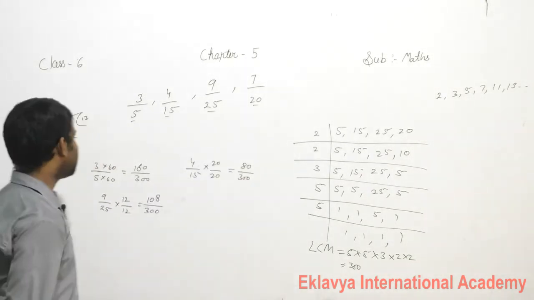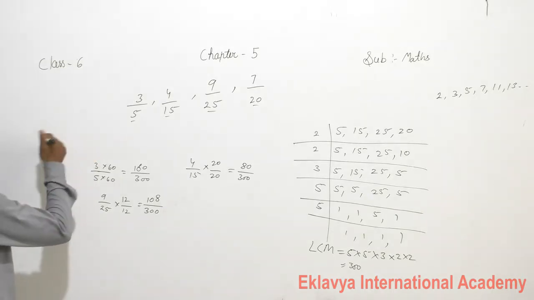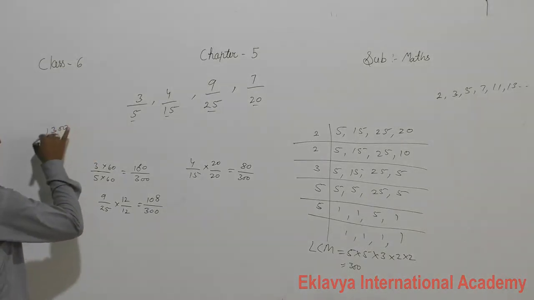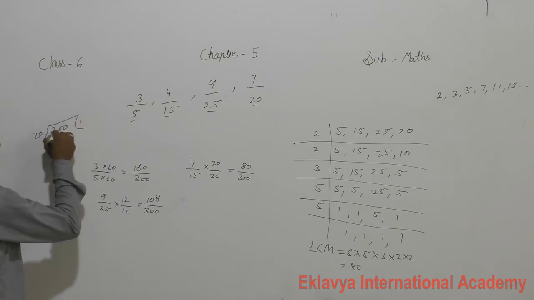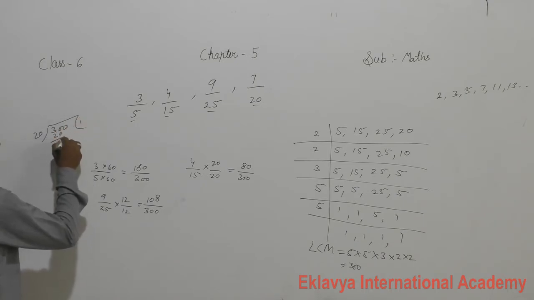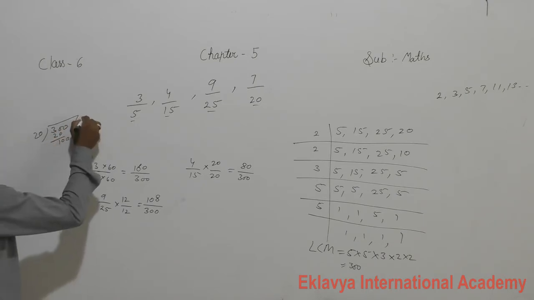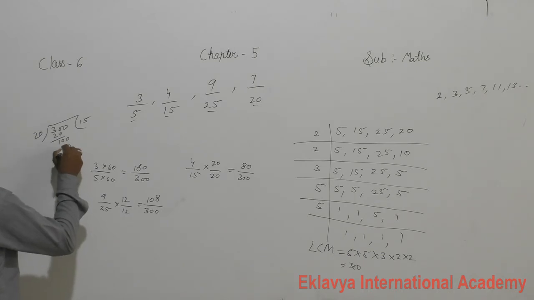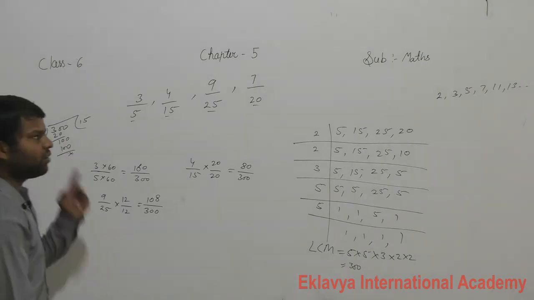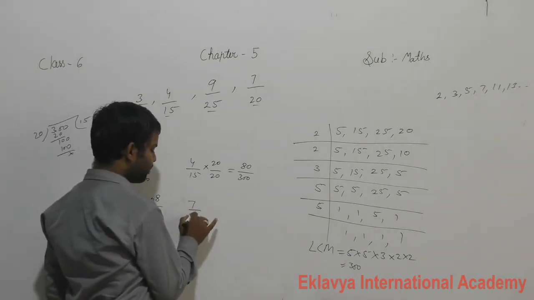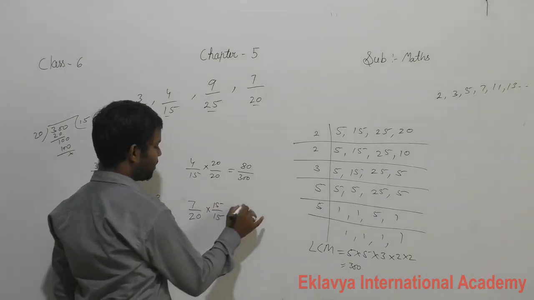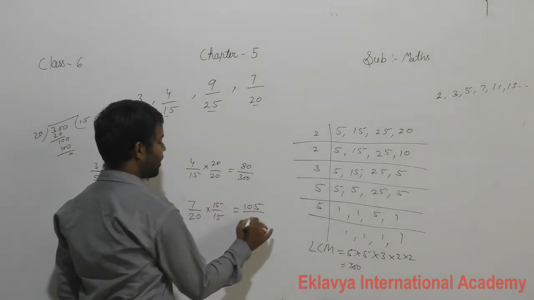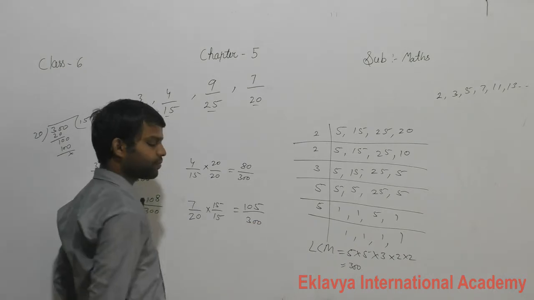Next 20: again we divide 300 by 20, and we get 15. So both numbers are multiplied by 15. 15 times 7 is 105 upon 300.